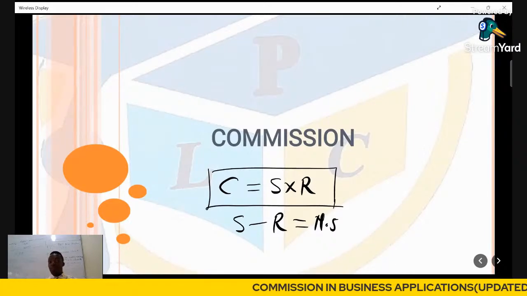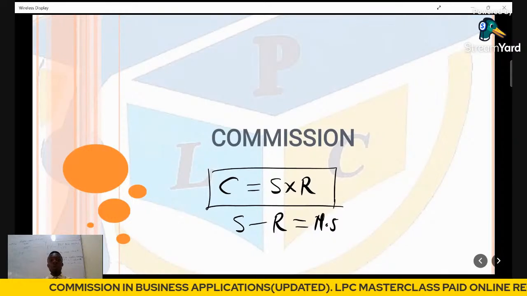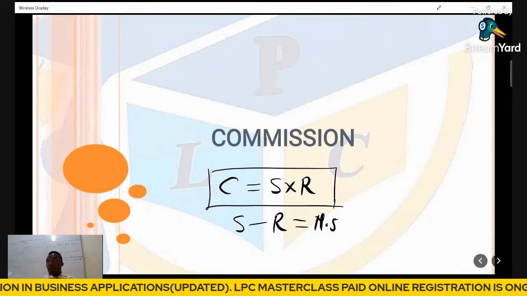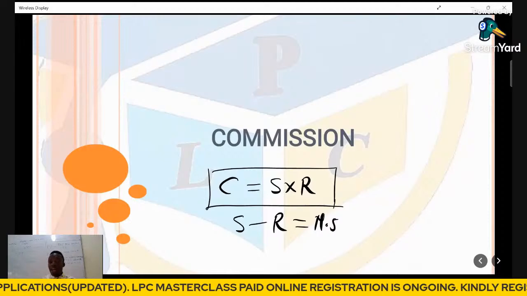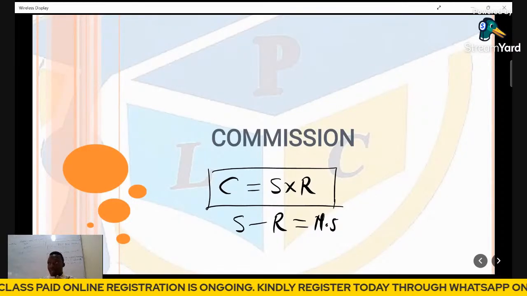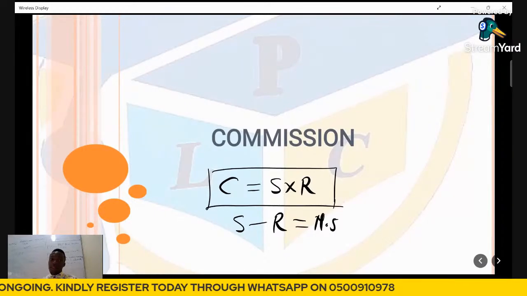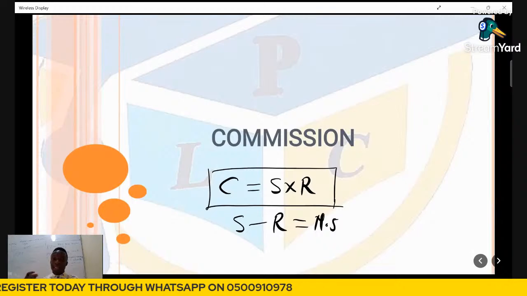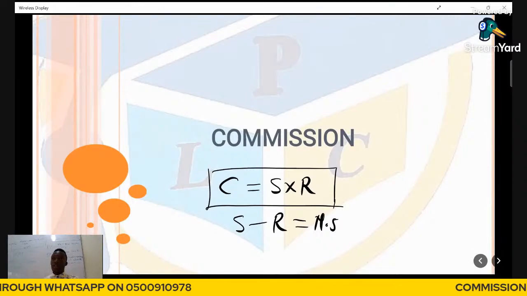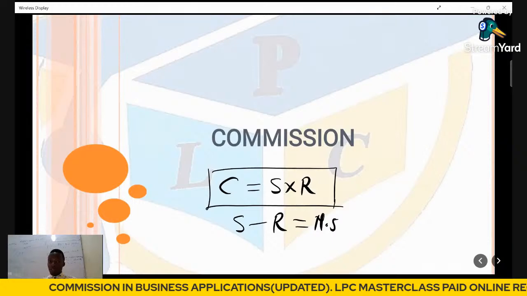So let's take note of that. But there are situations where business people or your employer may wish to encourage you to work extra hard to earn more commission. In such a case, the business or your employer might institute an incentive that provides a level which, if you are able to achieve or go beyond, you'll get a commission.